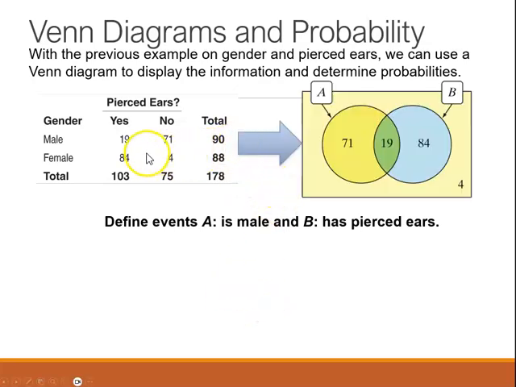So if we take this two-way table and we convert it into a Venn diagram, again, we've been doing this for a couple of lessons now, going back and forth between two-way tables and Venn diagrams. So you get something like this. You have the two overlapping circles. You start with the intersection first, that's the 19, and then you fill accordingly.